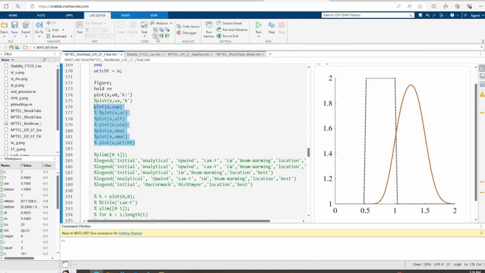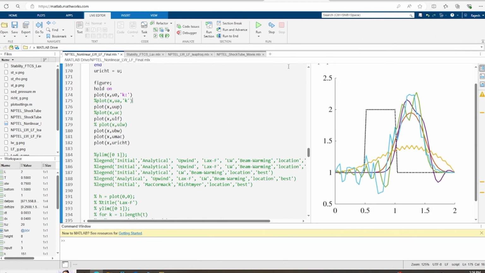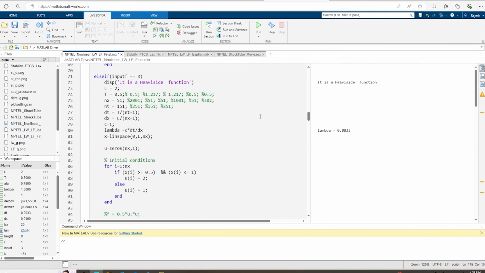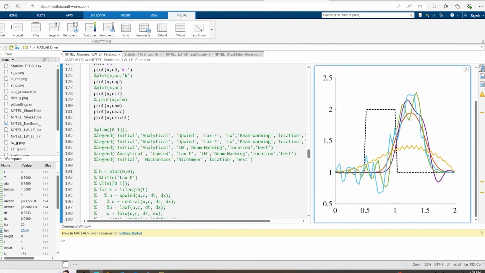Let me uncomment this. So, I have the upwind scheme, Lax-Friedrichs scheme, Lax-Wendroff scheme, Beam-Warming, McCormack and Richtmyer, but I think I have not coded for all of them. I think the grid is very coarse. I have used only 51 points, this NX is just 51 points, but this is how the different codes behave.